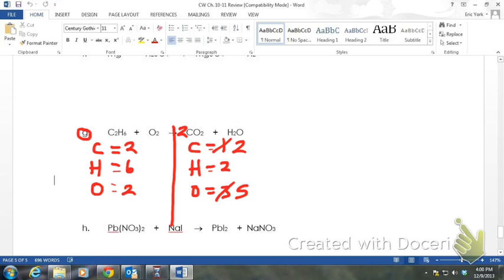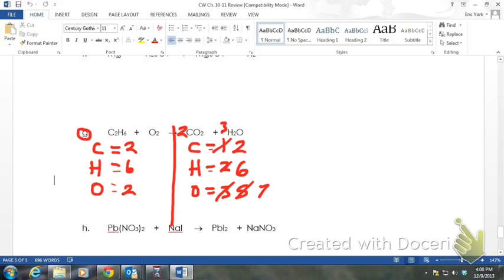Next, I go down to the hydrogens. Hydrogens, I have 6 on the left side, 2 on the right side. I want to put a 3 right here so that changes my hydrogens to 6. When I do that, I now have 6 hydrogens on the right side plus oxygens. I have 4 oxygens here, and now I have 3 oxygens here for a total of 7 oxygens.